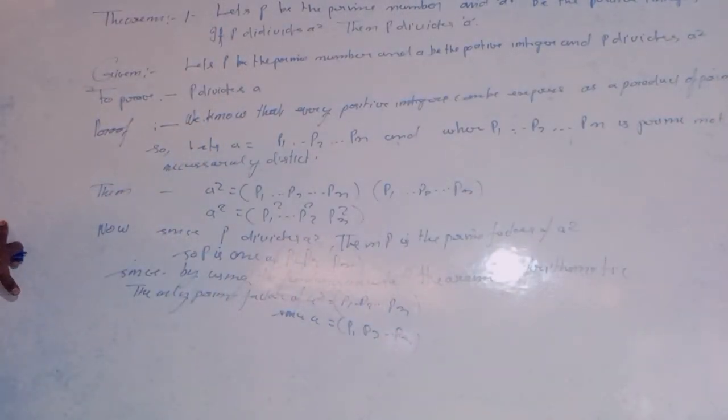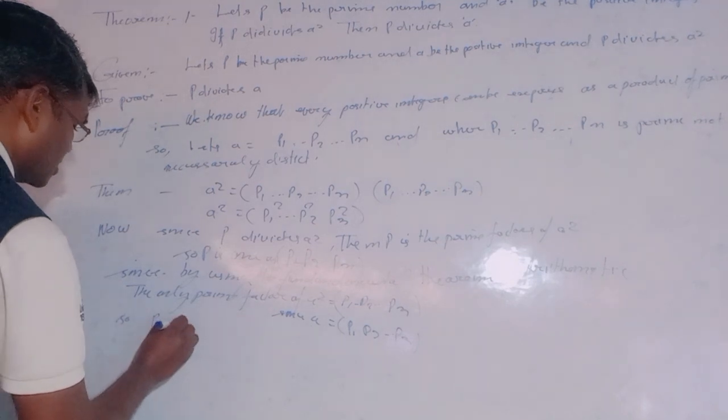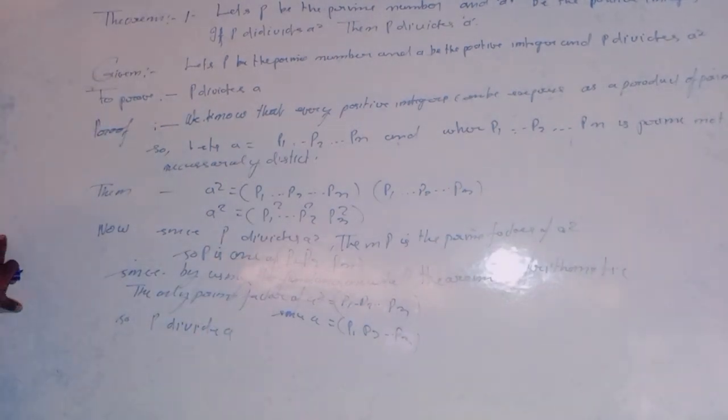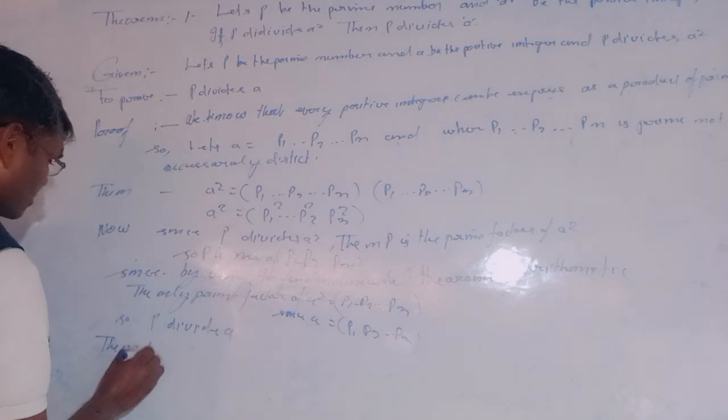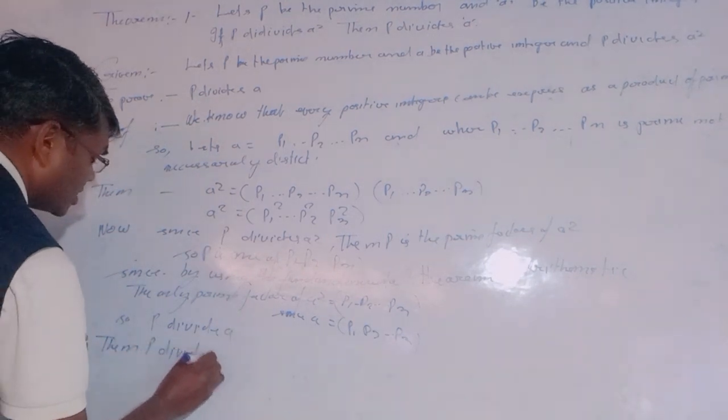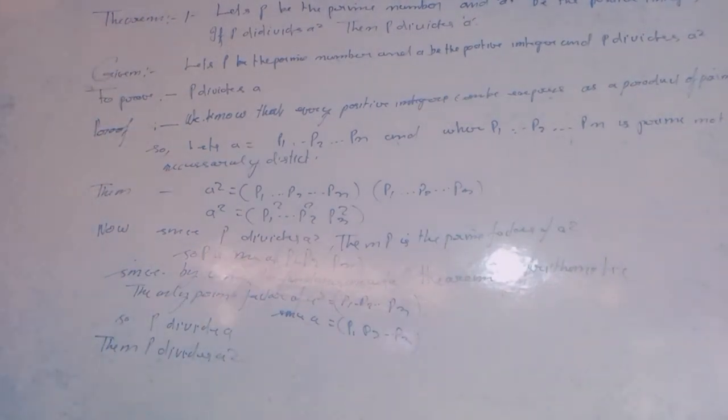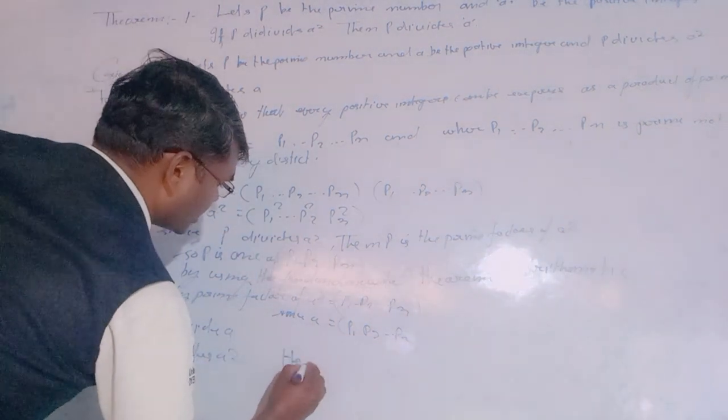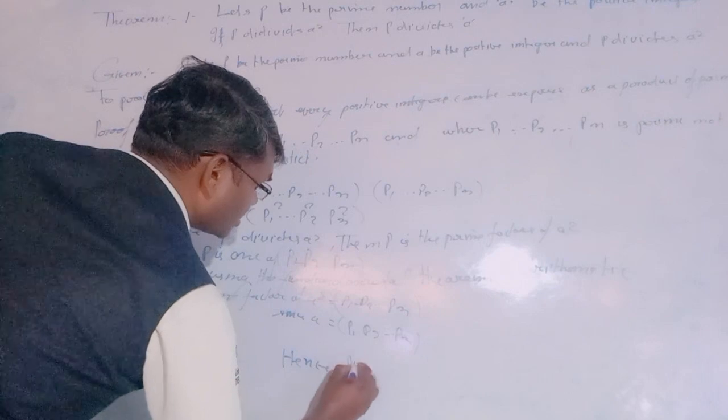This is how we have solved it: p divides a square implies p divides a. Hence it is proved.